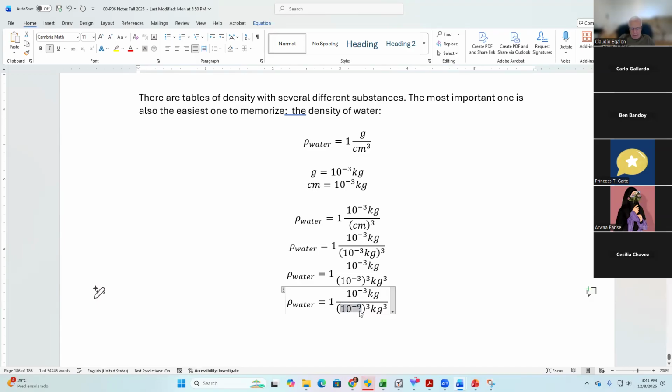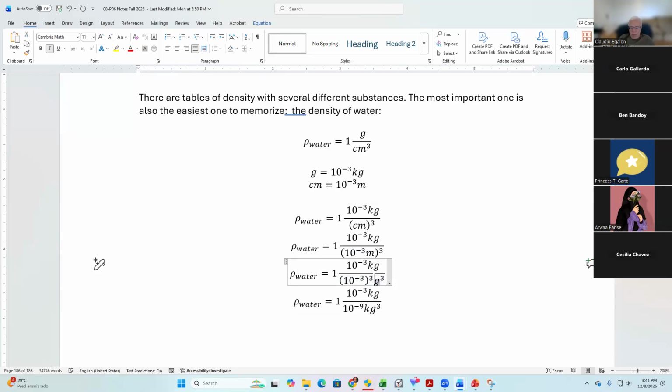Now I can take my 10 to minus 9 outside the parentheses. And, oh, it's not kilogram, right? It's meter. Let's correct that. Meter here, meter here, meter here, another meter here, another meter here.